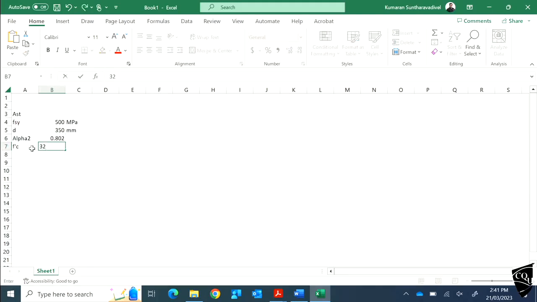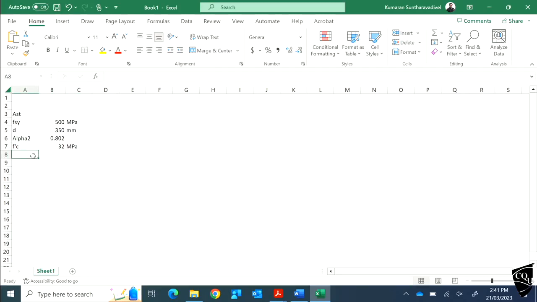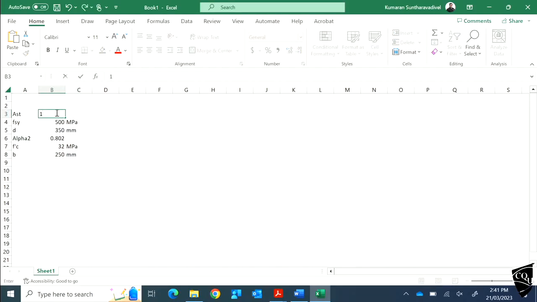B is equal to 250. So I don't know the AST, I just put some numbers in. I did this for Excel, so you need to give the number, which I don't know at the moment.